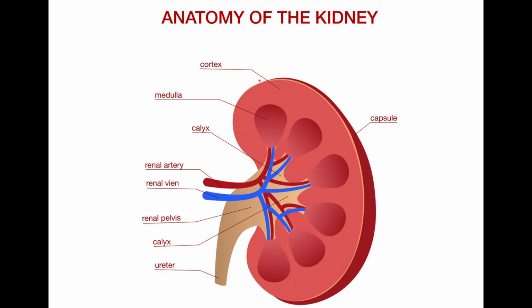The first part was the cortex. The second part, the medulla. The third part, the ureter. Please note there's a difference between the ureter and the urethra. At the end of the ureter, it's connected with the urethra. So let me go back to the question to choose the right choice.